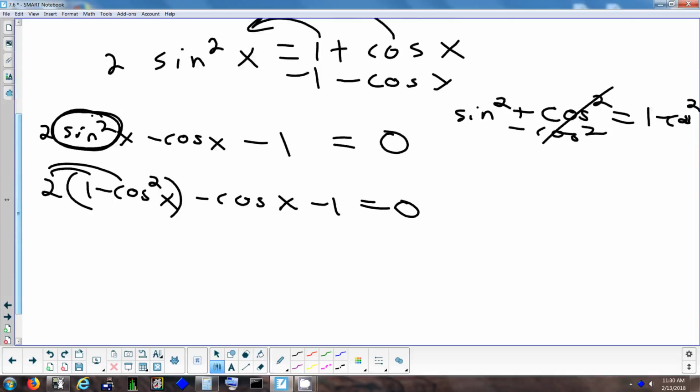So 2 times 1 is 2. 2 take away 1? 1. If you don't want to do that all in one step, you don't have to, but it's easier so you don't have to write it twice. 2 times 1 minus 1. 2 times negative cosine squared is negative 2 times cosine squared. You can't do anything with that. And then what about the middle? Just copy it down.